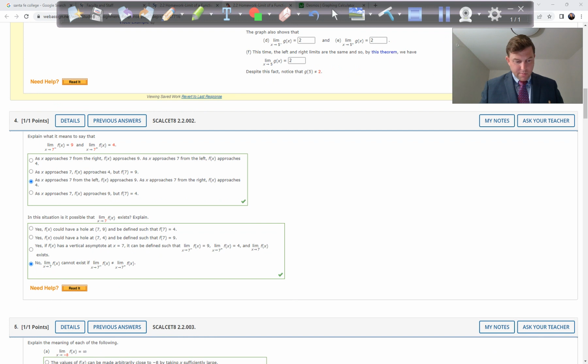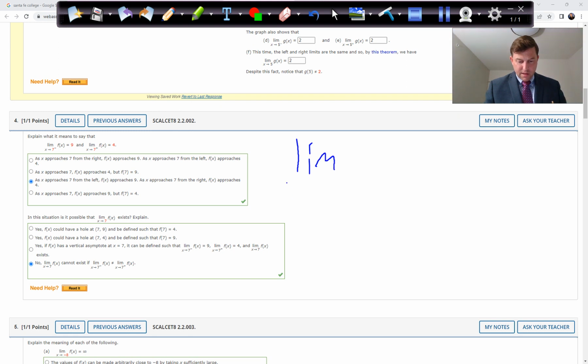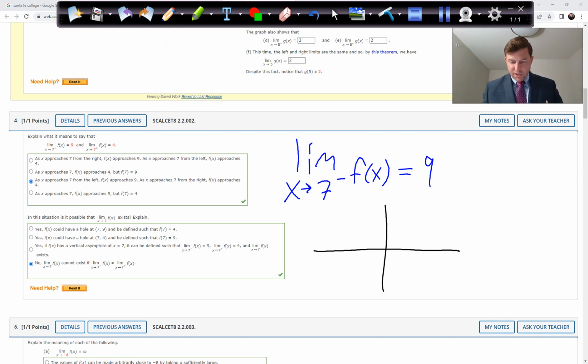Okay, explain what it means to say that the limit as x approaches 7 from the left of f of x equals 9. So let me write this bigger. The limit as x approaches 7 from the left of the function equals 9. So basically what that means is we have some function on an xy plane and we're approaching positive 7 from the left.